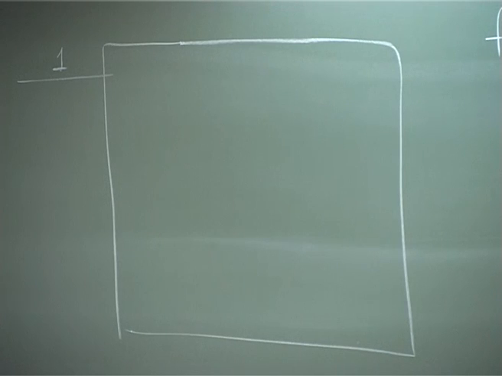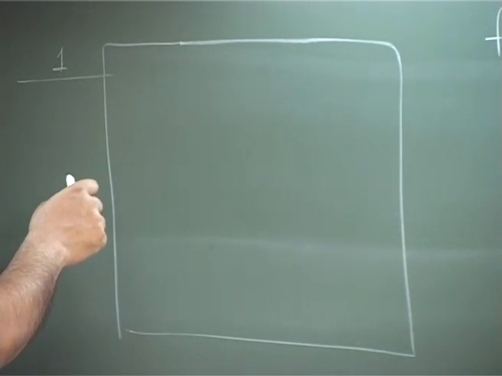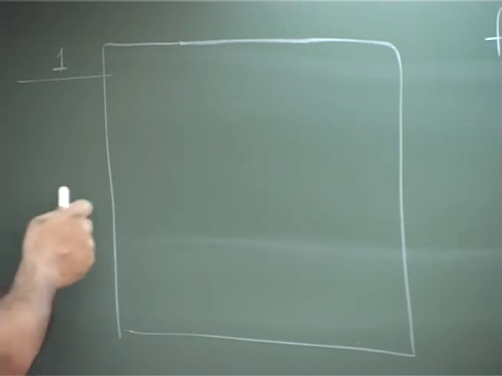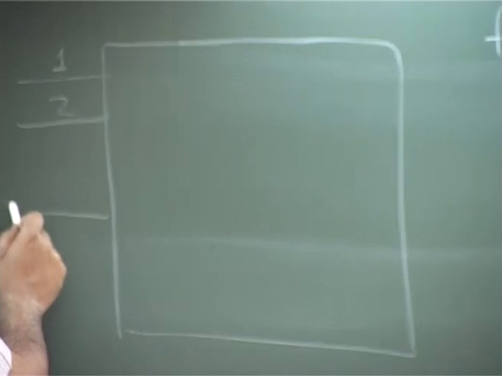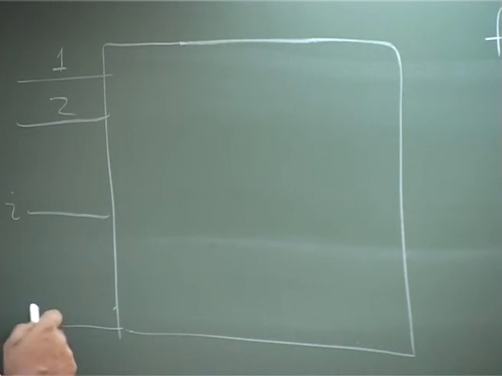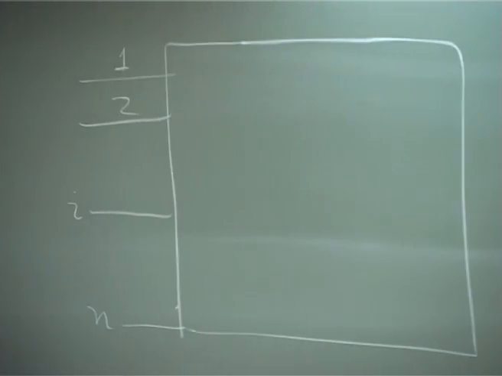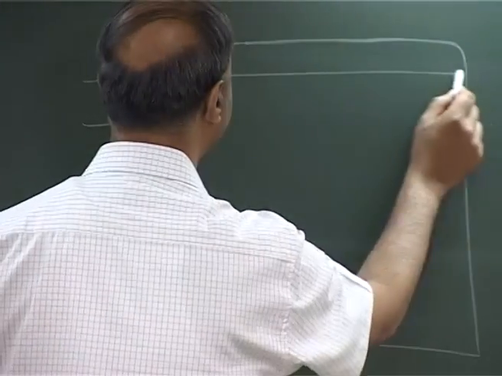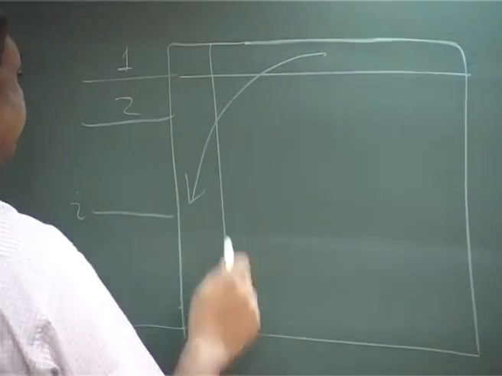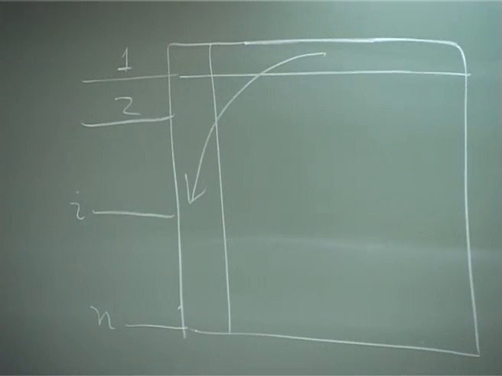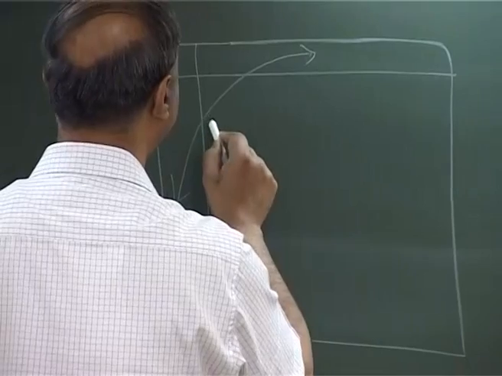You have n processors. First processor is for the first row, second processor is for the second row, ith processor is for the ith row, and nth processor for the nth row. So the first processor's task is to interchange this with this. Second processor's task is to interchange.